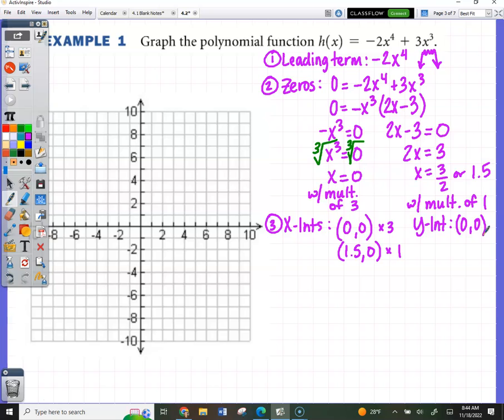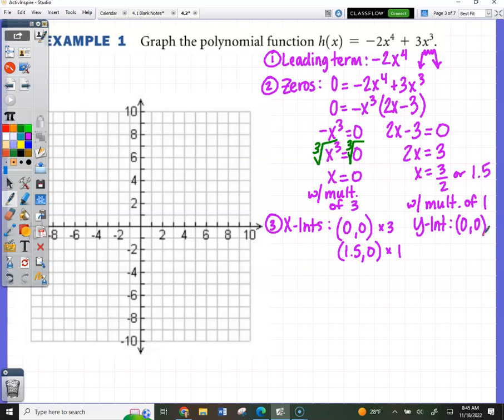There's always one. Every time, because the domain's all real numbers, so at some point it's going to cross the y-axis, and it will only cross it in one spot because it's a function. That's the beauty of it. Okay, so now we took the leading term, we have the end behavior, we found the zeros, which now we have as coordinate points.